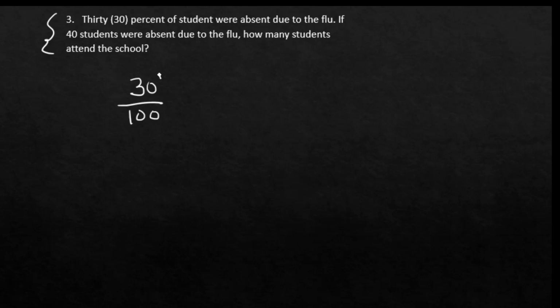Well, there's 30 absent due to the flu for every 100 students. So I had 40 absent due to the flu. So how many students do I have? So cross multiply and divide. See, another proportion, 2 equivalent ratios.